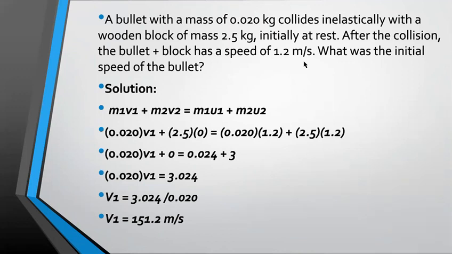Both have the same speed. So what was the initial speed of the bullet? Applying the law of conservation of momentum, ये भी आप use कर सकते हैं. पहली equation जो थी वो भी आप इसमें use कर सकते हैं. Then substituting the values, we can find the initial velocity of the bullet with the help of this law of conservation of momentum.